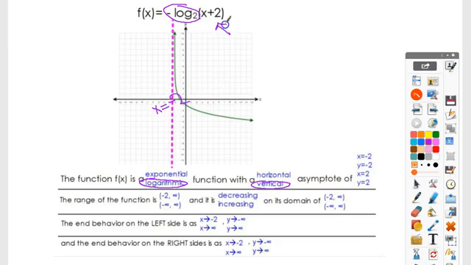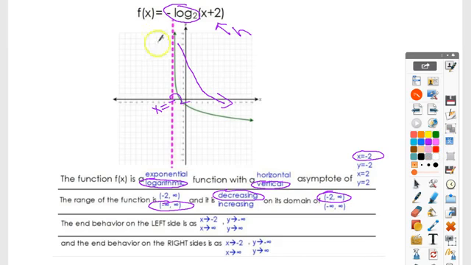It is also the h value, so x is -2. The range, it's always going to be all real numbers, or from negative infinity to infinity. If we trace this from left to right, it is decreasing, and its domain is from the asymptote to the right, so from -2 to positive infinity.